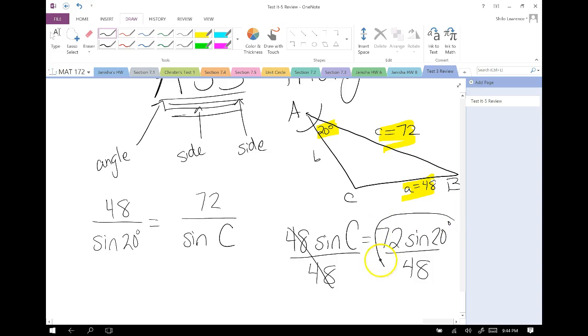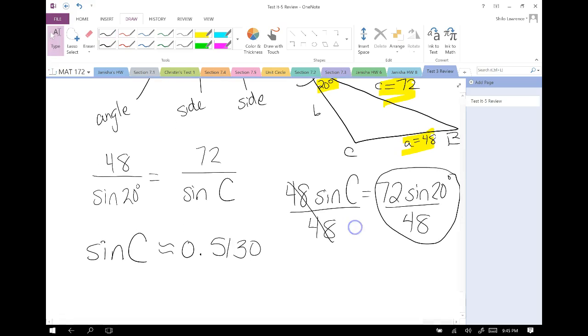Now this, I could type that in my calculator. 72 sine of 20 over 48. And get a decimal for my sine C. And just make sure your calculator's in degree mode. And I've got 0.5130 approximately. And now to solve for angle C, I would have to do sine inverse of that.